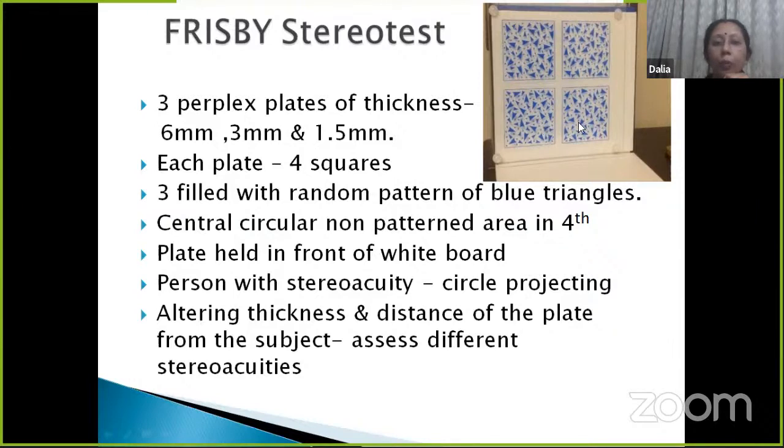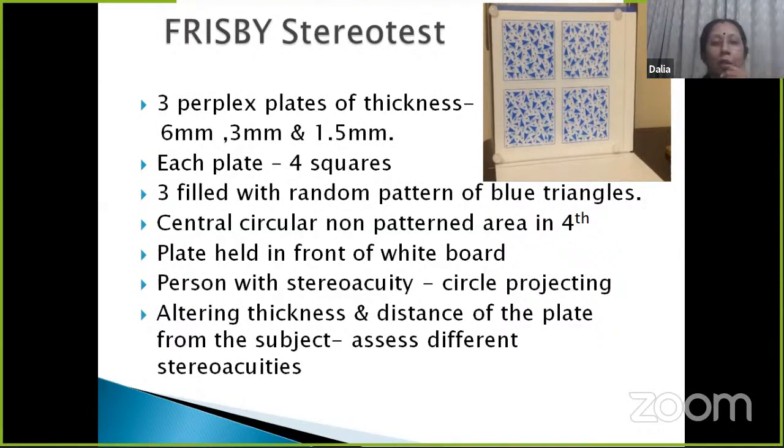In the fourth square, there will be a circular area which is devoid of this random pattern. On the other face of that plate, you have the pattern put over the area corresponding to that circular area.